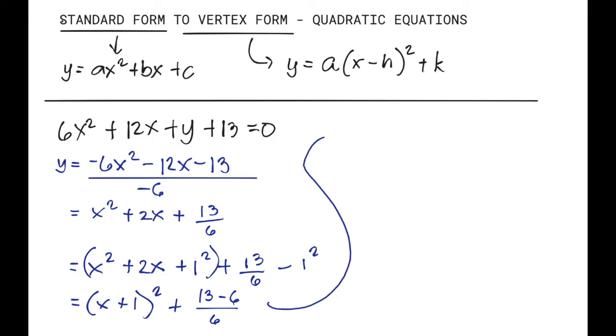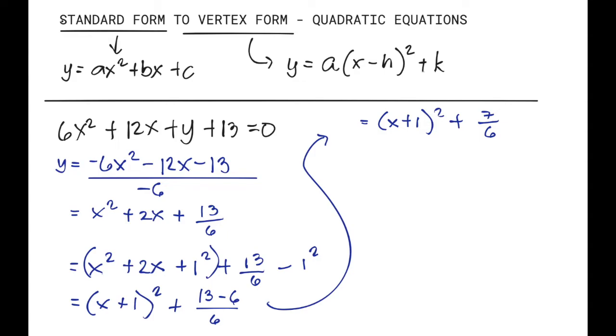Okay, let's continue here. So that is equal to x plus 1 squared plus 13 minus 6 is equal to 7 over 6. We're not done yet.